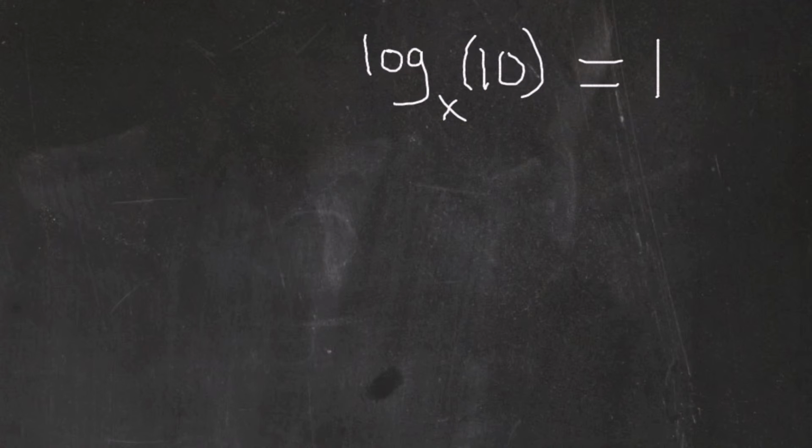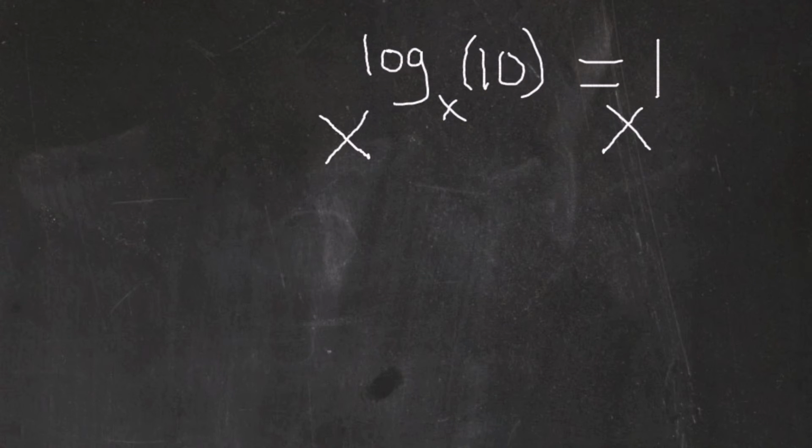Well, the same method would apply here. We want to cancel out this log, right? Now to cancel out this log, I'm going to raise it to the base of the log, which in this case is x, right? What you do to one side, you got to do to the other side. So I got to raise this side to the base of x.